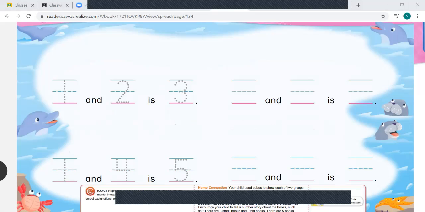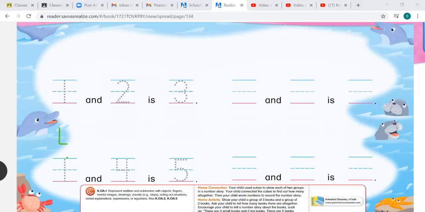Okay, so now let's say we have one boat on the lake, but 4 more boats come out on the lake. So we're going to draw 4 cubes to represent our 4 boats, and we have 1 cube to represent our 1 boat. So if we have 1 boat and 4 more come out on the lake, how many do we have all together?